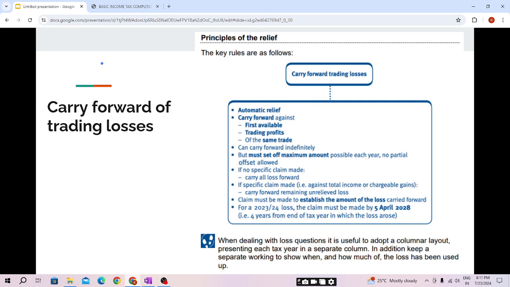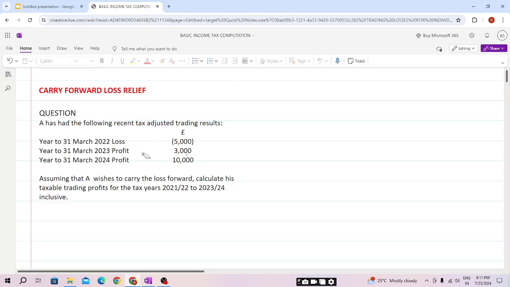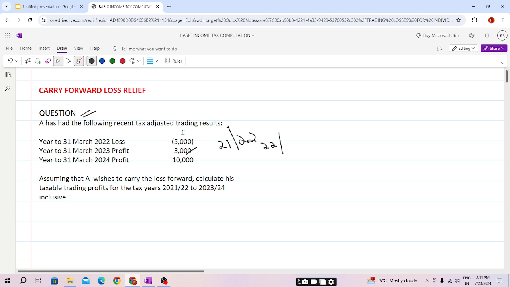Now students, we will be solving a question so that we have better understanding. Question: A has had the following recent tax adjusted trading results. Year to 31st March 2022, 21-22, he had a loss for this tax year. 31st March 2023, that is 22-23, and for the year ended 24, that is the tax year 23-24, profit of £10,000.